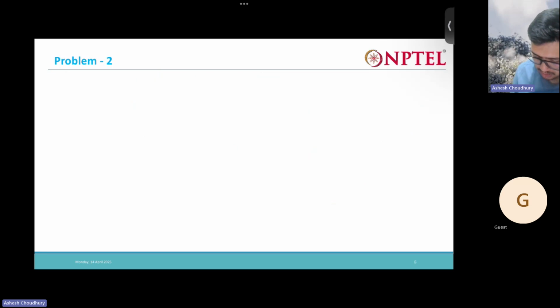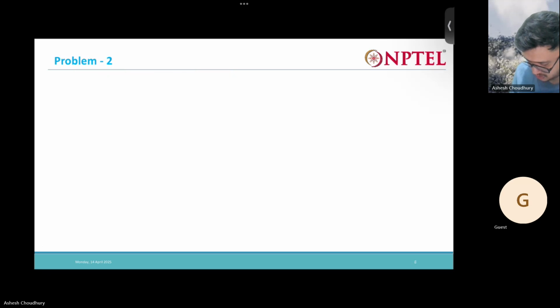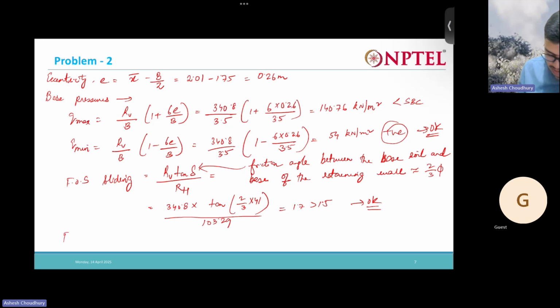So this is the sliding, you got the factor of safety. Then you can calculate the factor of safety against overturning.